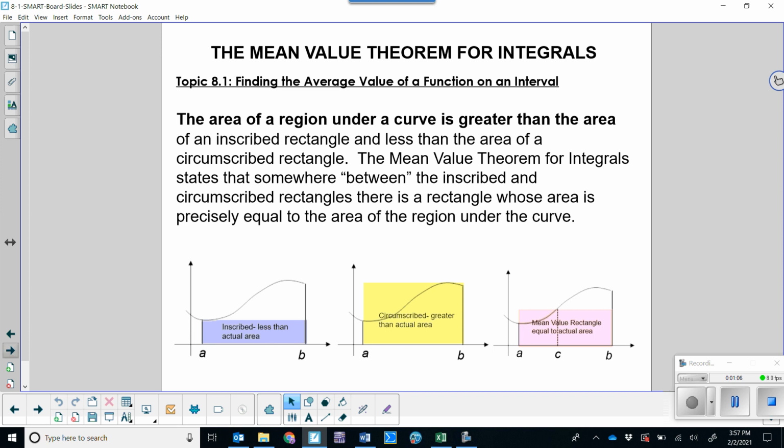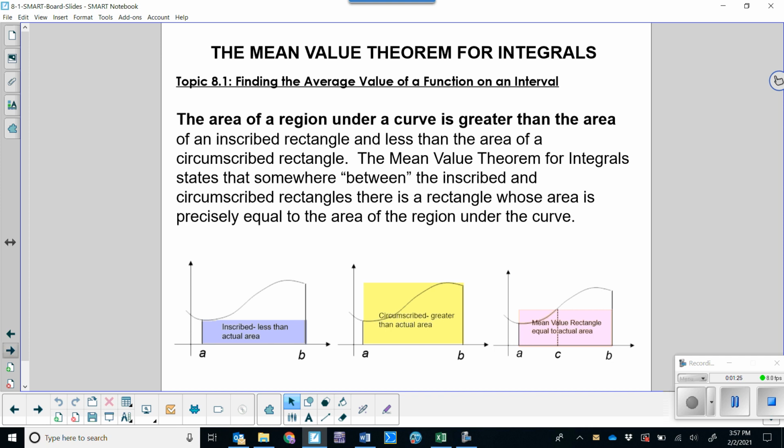So the mean value theorem for integrals basically just says somewhere between those two things, there is a place where we could draw a rectangle, the pink one. We could draw this perfect rectangle that would be exactly the area underneath that curve. It would be equivalent to that.